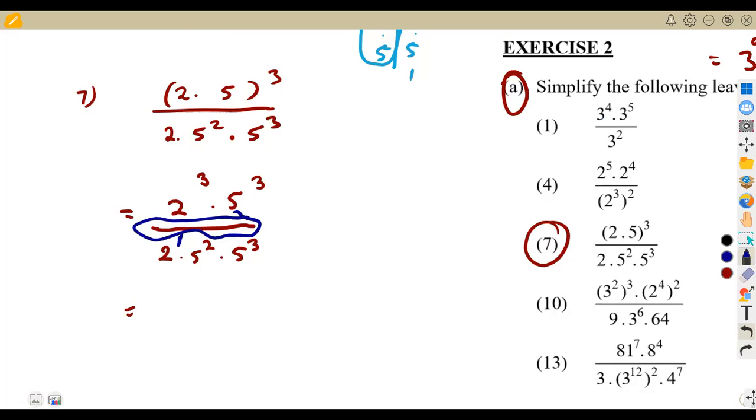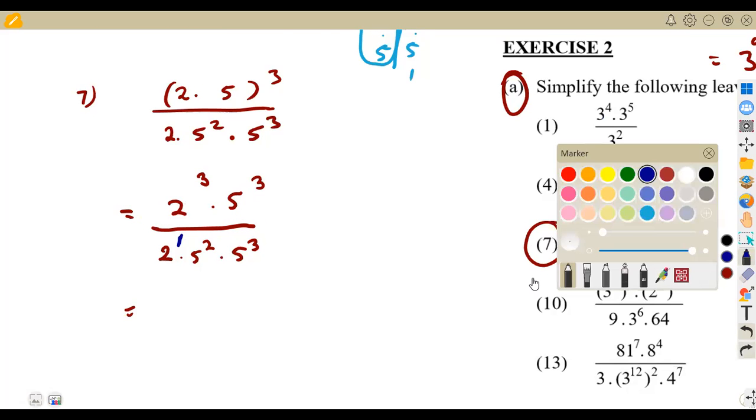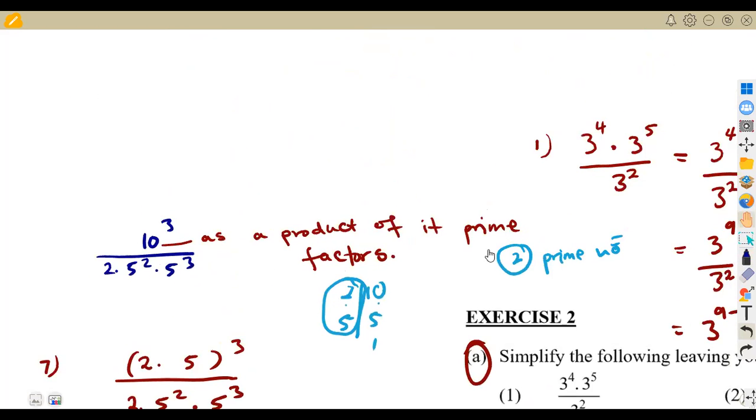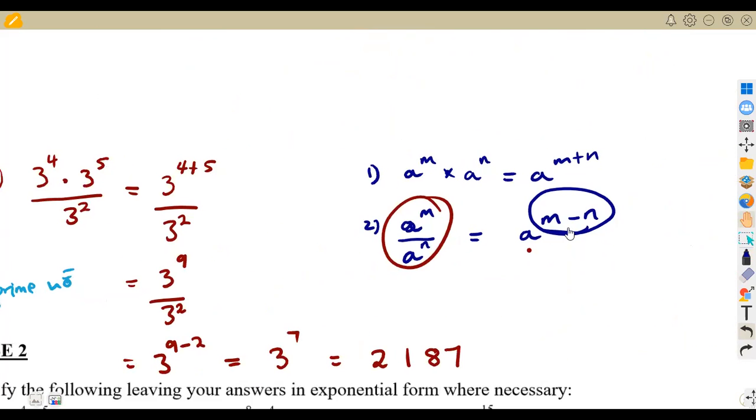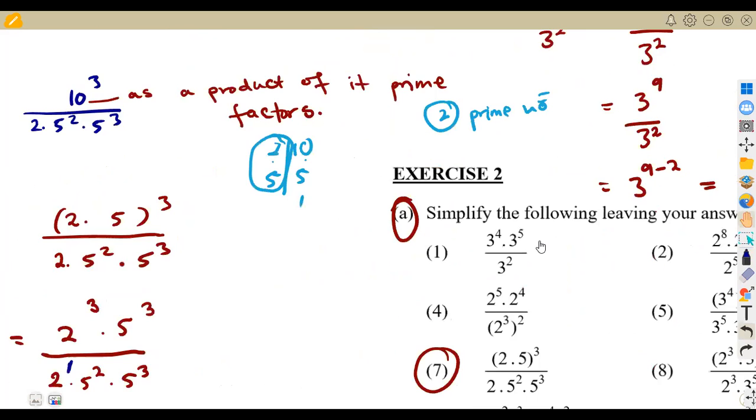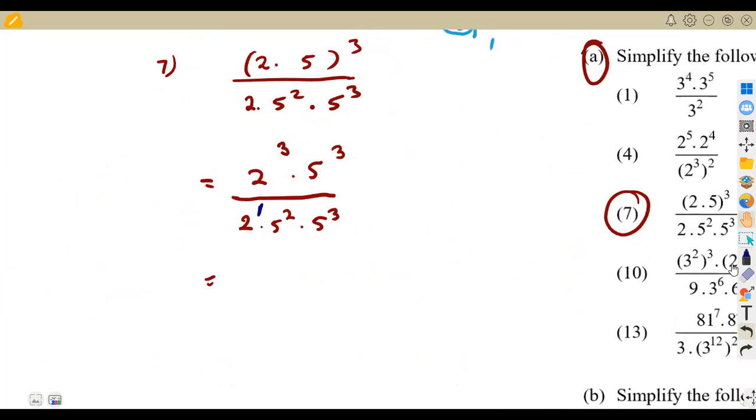When we are dividing and these bases are the same, what are we going to do? We are going to subtract. Because we are dividing, we're going to subtract. So that's 2 to the exponent of 3 minus 1, which is 2.